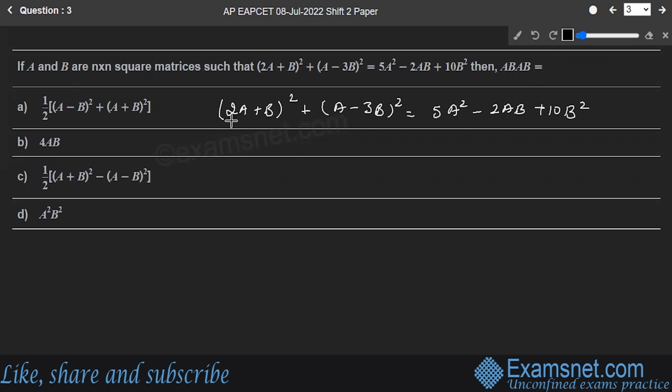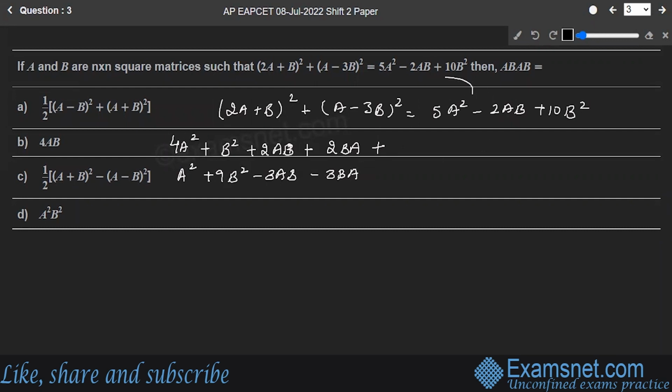Let's apply the formulas and I'll open up these brackets. You will have 4A square plus B square plus 2AB plus 2BA plus A square plus 9B square minus 3AB minus 3BA.